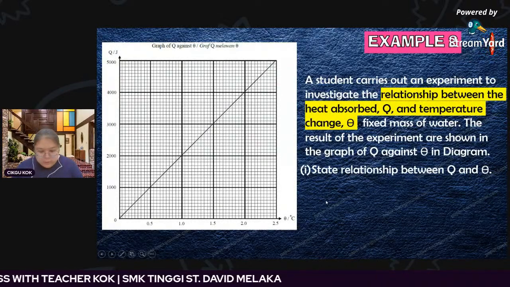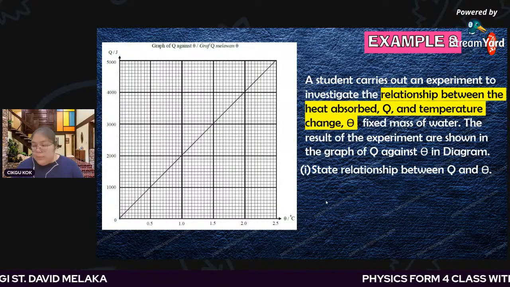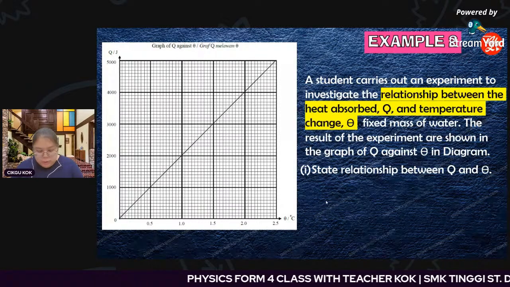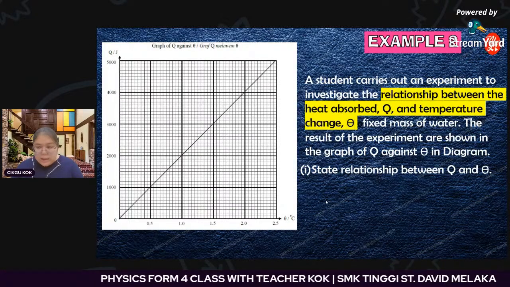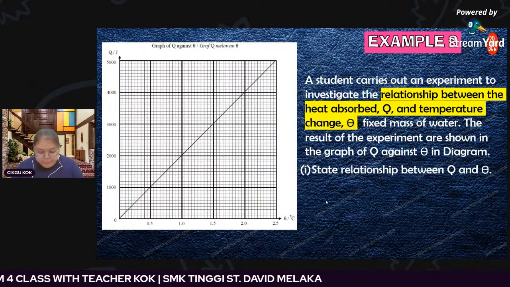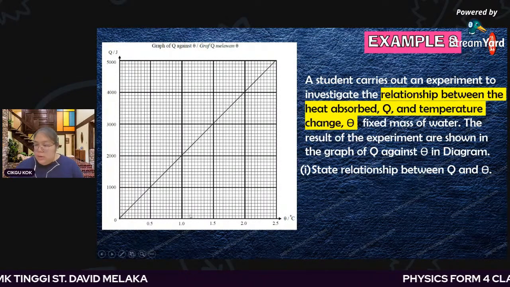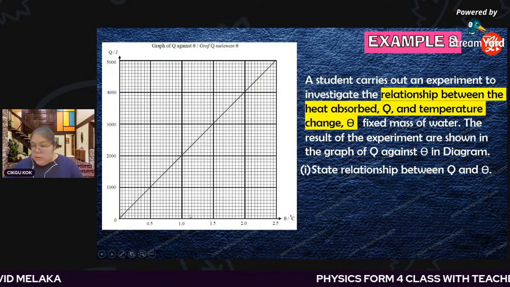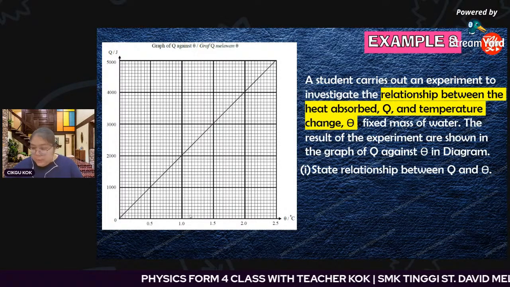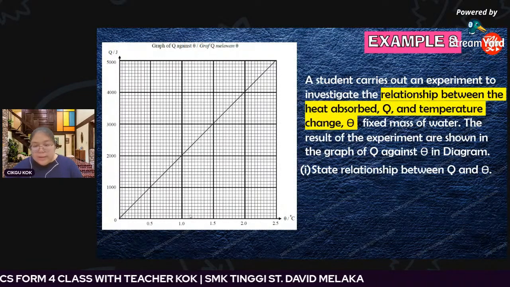Okay, waiting for the students to answer me. What's the relationship between Q and theta? Any student? Just type in the chat room. Okay, just state the full sentence.